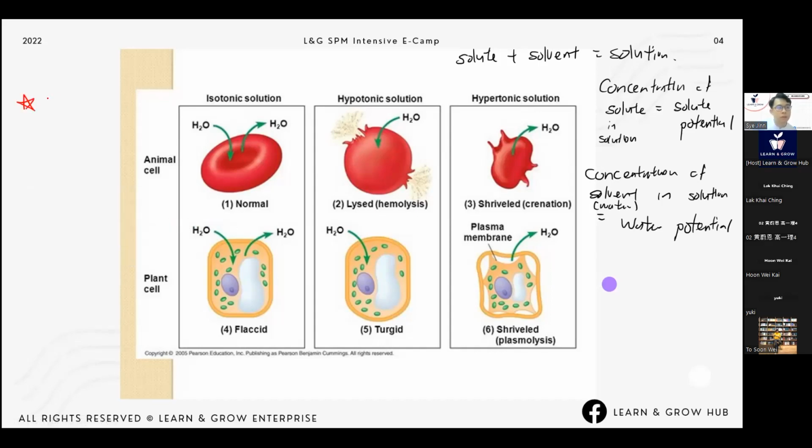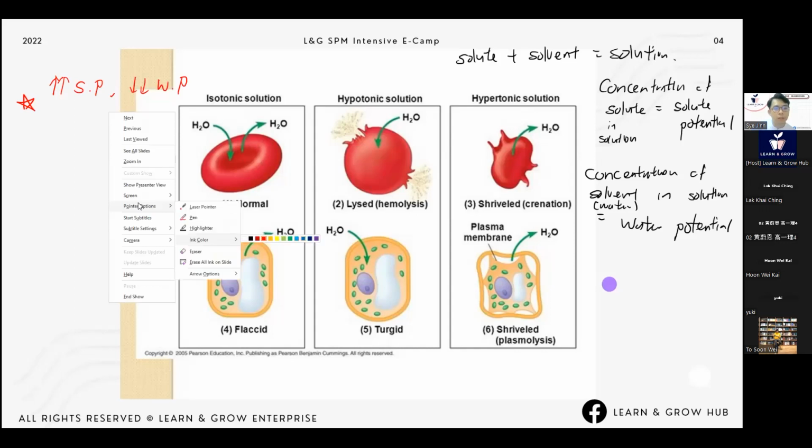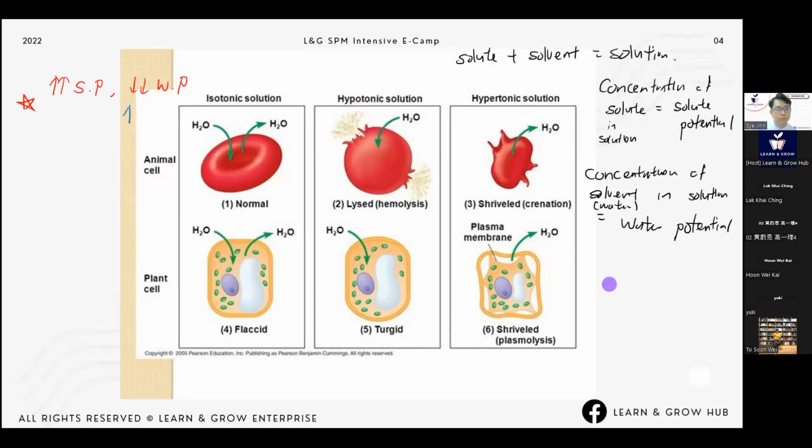Superstar theory. Solute potential and water potential have opposite trends against each other. It means that when the concentration of solute potential is high, water potential will be low. The same applies when the water potential is high, the solute potential will be low.